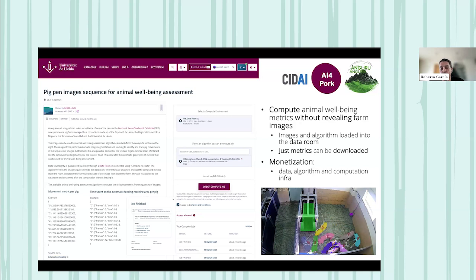You can also put a price on the algorithm that you want to apply, and this will go to the technology provider. And there's even a price for the computation time that you use in the data room. So all the actors can get a fair compensation for the resources that they put into the data space.